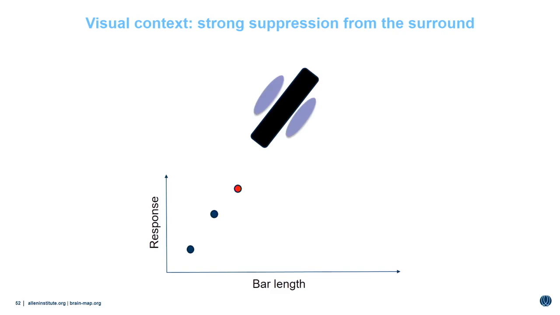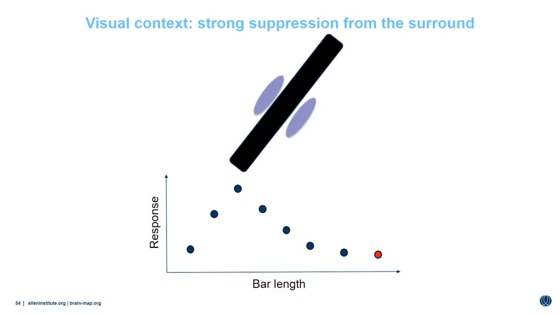However, what is observed typically is that the response decreases. And if we continue to increase the length of the bar, the response of the cell will become very weak. This is a ubiquitous phenomenon known as surround suppression.